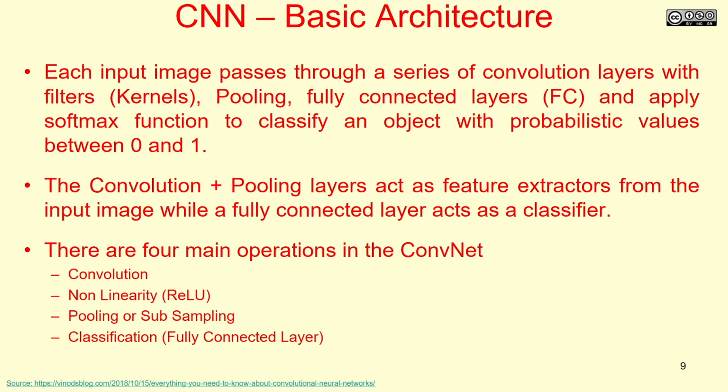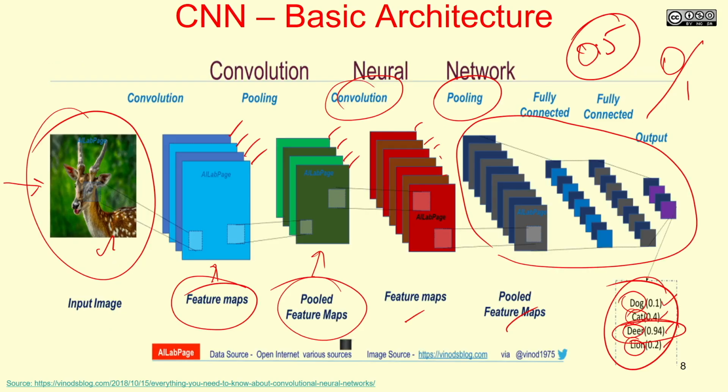So, that you should remember. The convolution along with the pooling layer act as feature extractors. If you look at this architecture, convolution pooling, convolution pooling, convolution pooling, those sets of layers are meant for feature extraction, and the last set of layers, called the fully connected layer, are meant for classification.